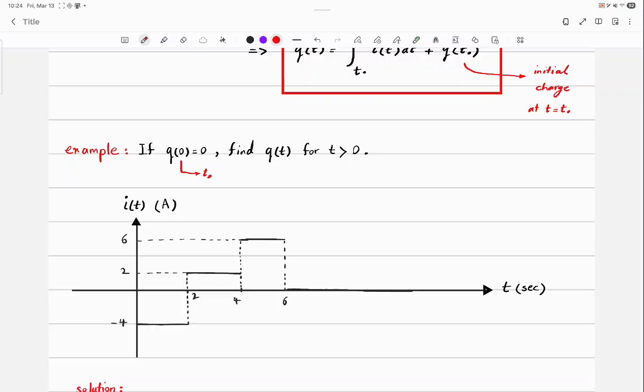Now, this is a piecewise plot given to us for I.